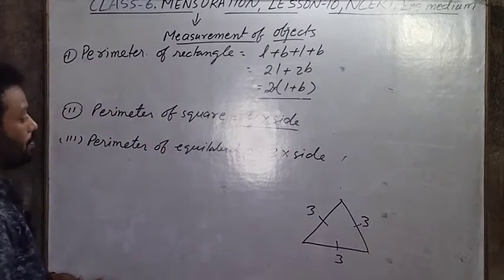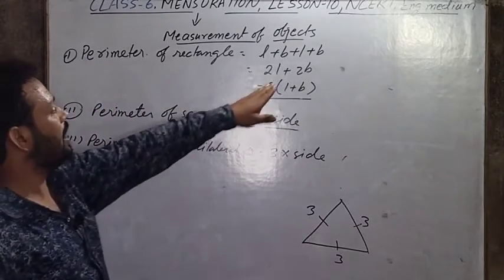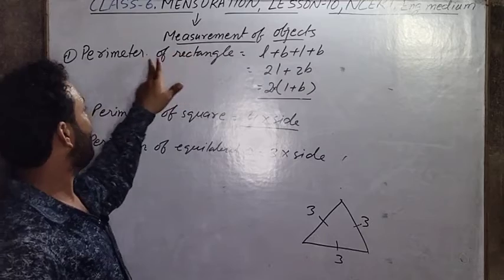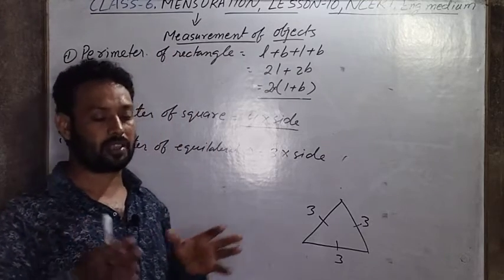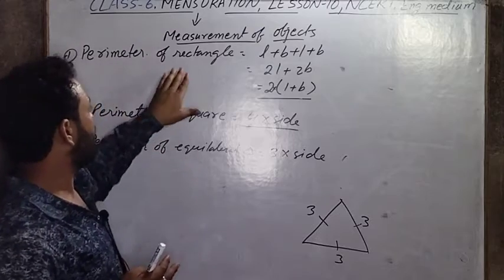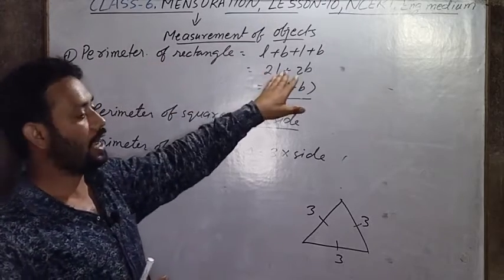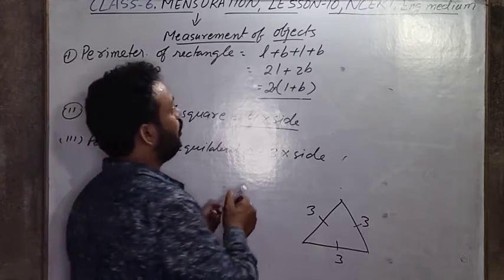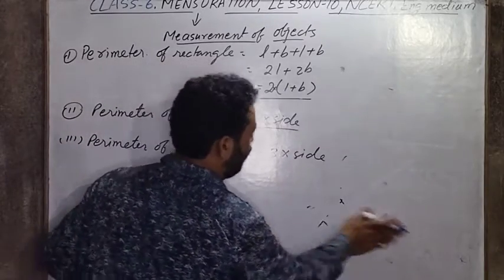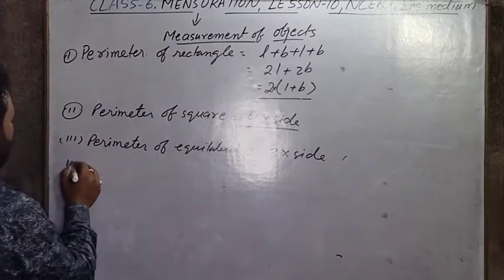From this, sometimes a question is given that the length is given and the perimeter is given, and we have to find the breadth. उन्हें कहा जाता है कि perimeter दिया हुआ है, length आपका दिया हुआ है, तो breadth find करो, find the breadth. For that we can write the formula by ourselves.